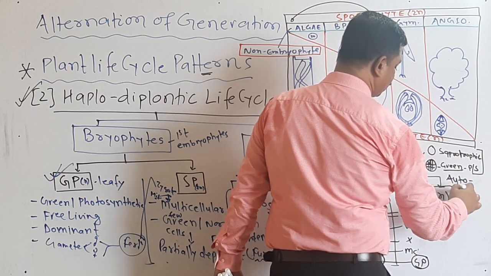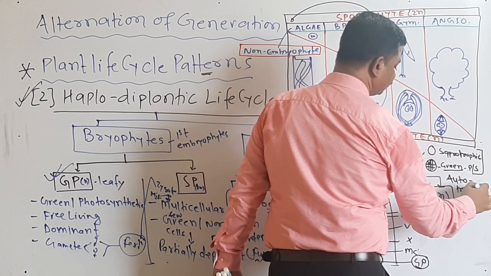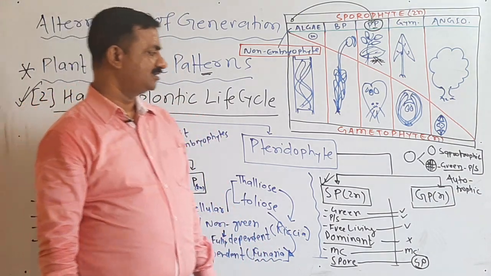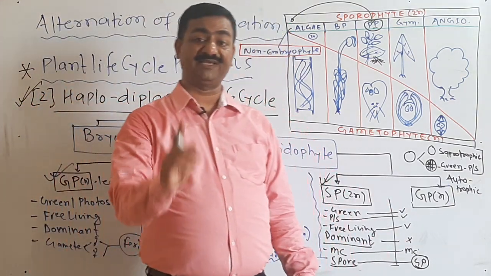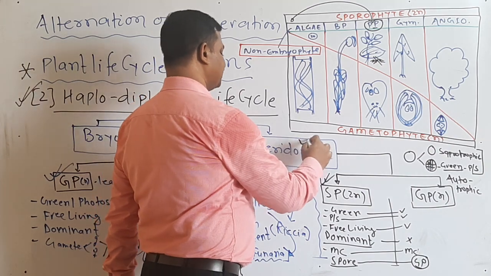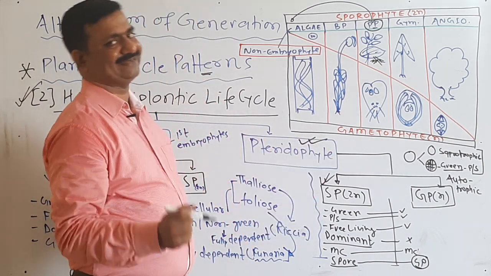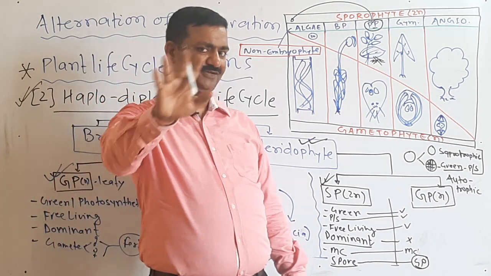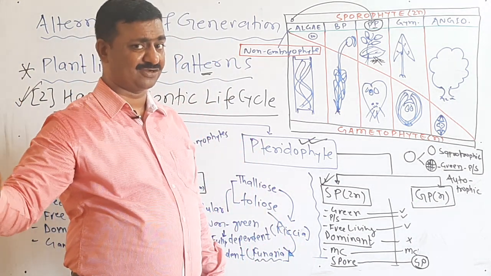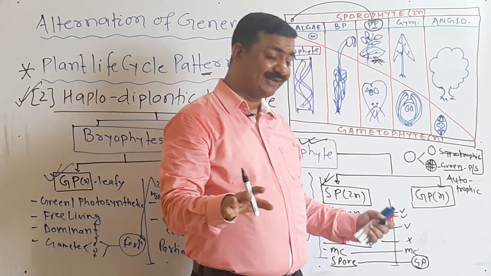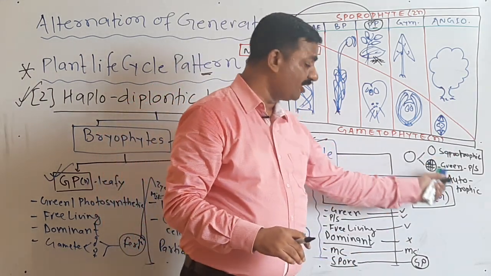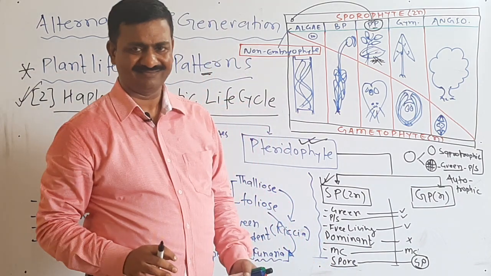So spores may be saprotrophic or autotrophic in pteridophytes. This is a very peculiar character that may confuse. Now you are crystal clear on the concept of how and when it will be saprotrophic and when it will be autotrophic, right?